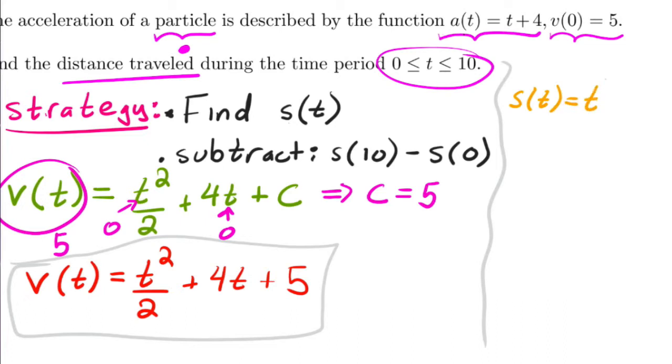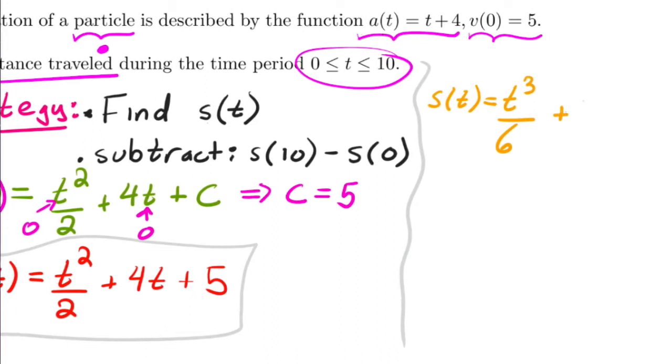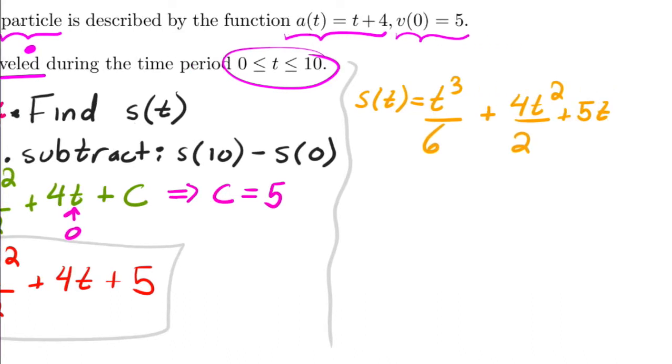So that would be t cubed over 3, but there's already a 2 there, so it's going to be over 6, plus 4t squared over 2, and then plus 5t plus d.